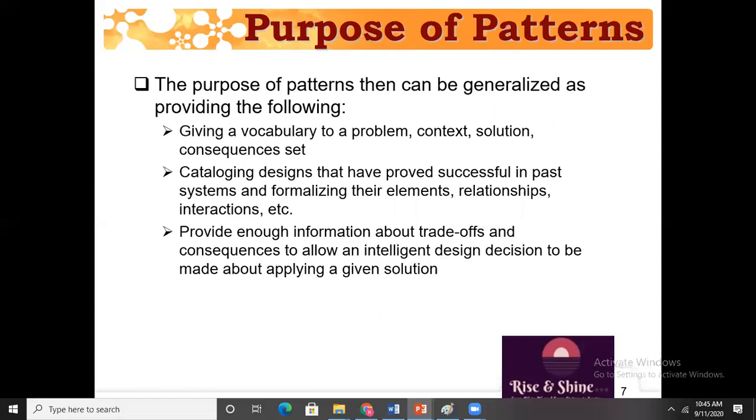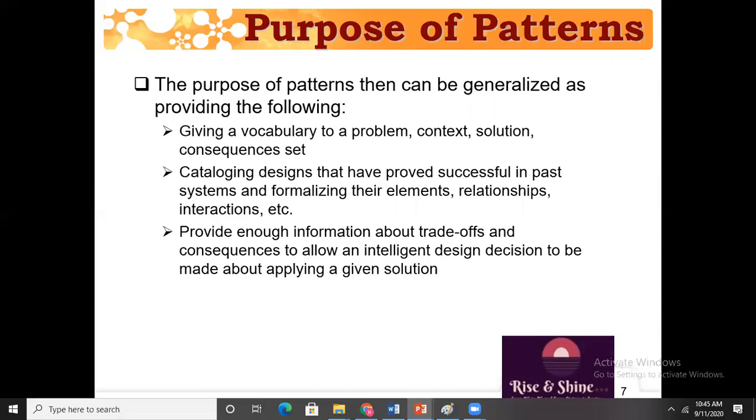So we can have a common vocabulary if patterns are there. Patterns also provide a base for cataloging proven, successful designs from the past, and formalizing their elements, relationships, and interactions. So patterns provide us a base for cataloging the problem, solution, and the context.